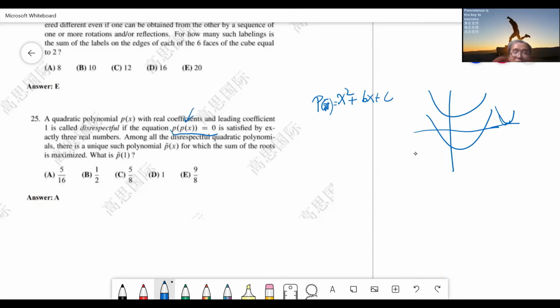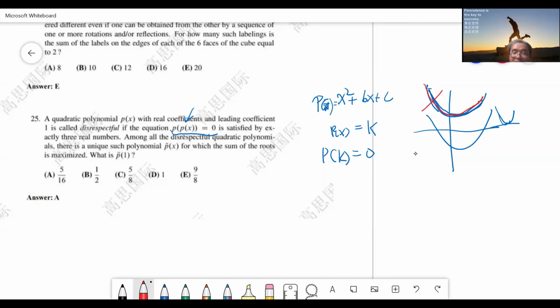So if we look at this situation, we have three cases. If the curve never reaches 0, then no matter what you give P(x), you get an output k, and P(k) would have to equal 0, but this curve is never going to reach 0.